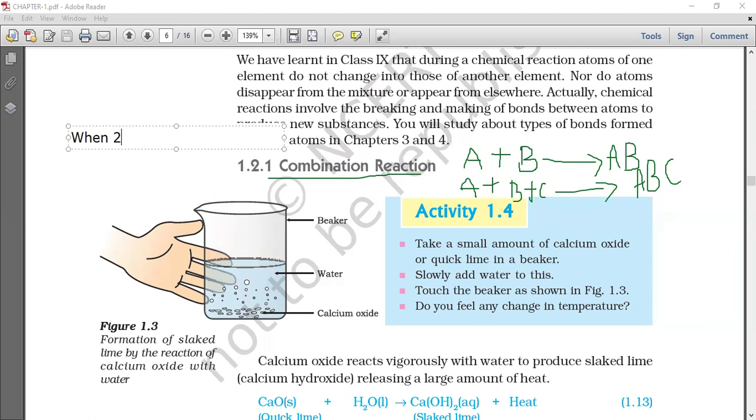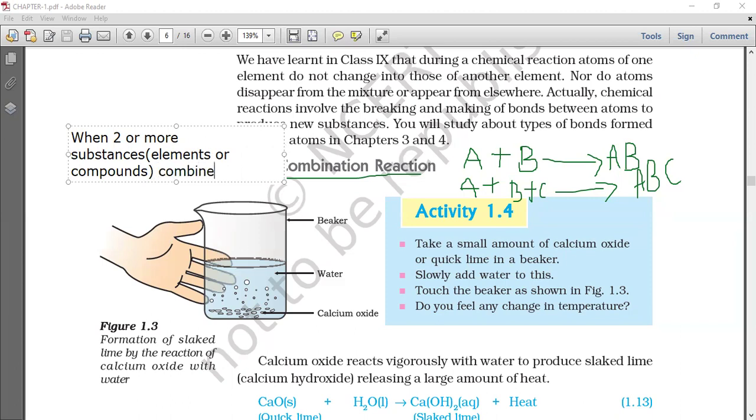When two or more substances, in brackets two or more elements, or sometimes not only elements but compounds also, which we will study in the next topic, combine. Here A is one element, B is another element.